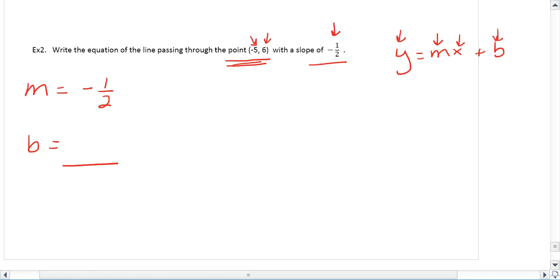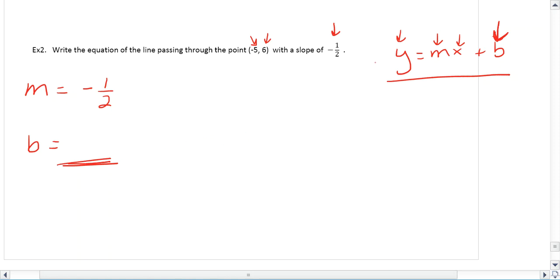So we have 3 numbers that were given. I have 4 letters. The one that I'm missing, this b, this is the one that I need. I need to find this b, and then I can write the equation of a line.